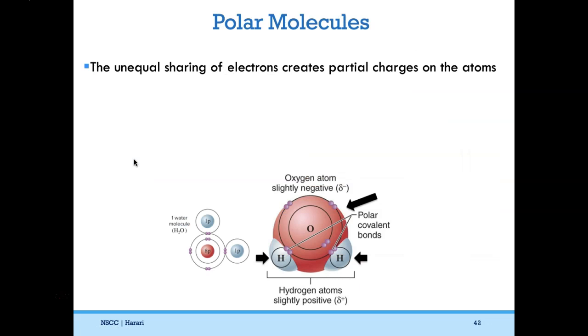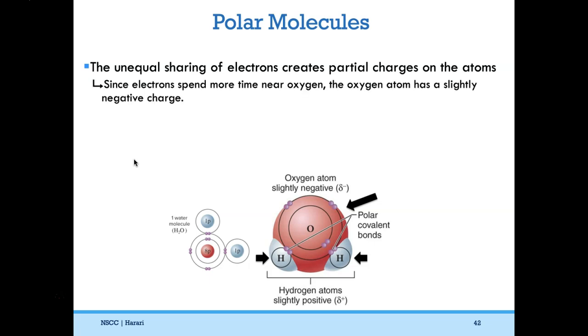Because there's this unequal sharing of electrons, this can create a partial charge on some of the atoms in a molecule. So remember, oxygen is more electronegative than hydrogen. That means it'll pull on those electrons a lot more tightly. That gives oxygen a slightly negative charge.